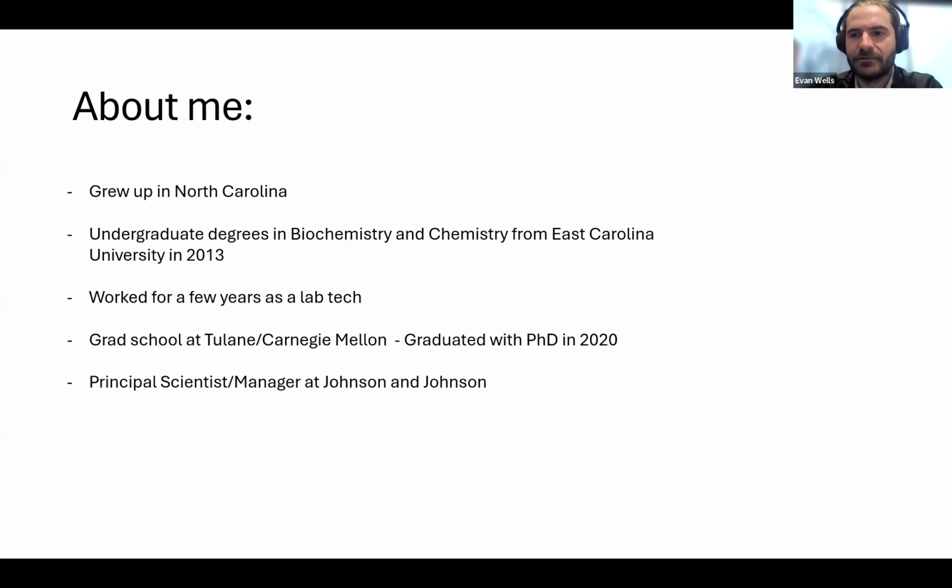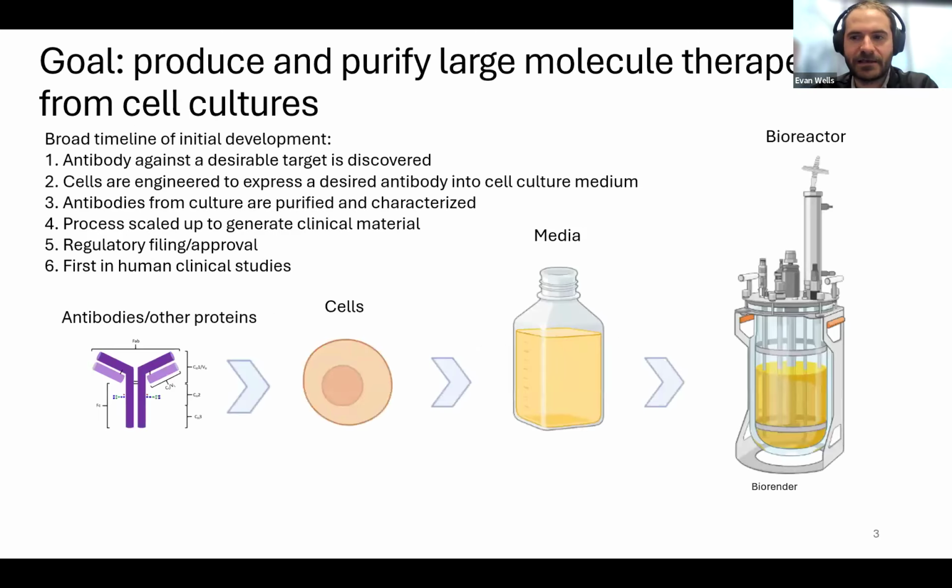I do a lot of work with cell culture and with proteins, and my main goal is to deliver our portfolio of medicines to patients. The way I do that is through manufacturing these and scaling up my cell culture processes to make these therapeutics. So, what does that exactly look like?